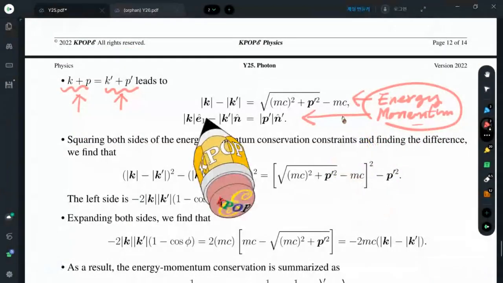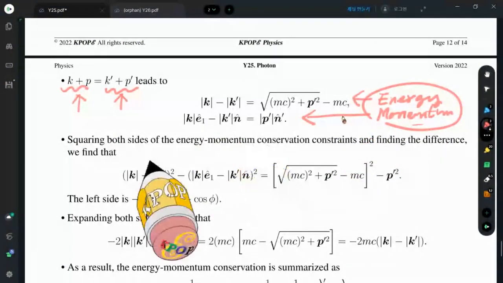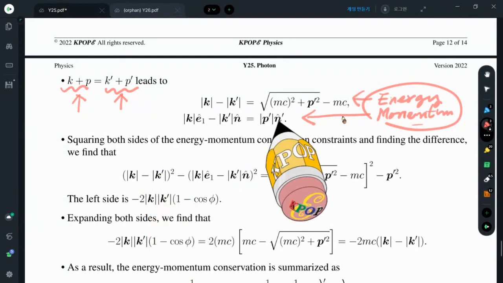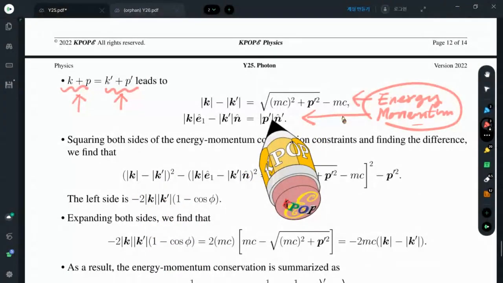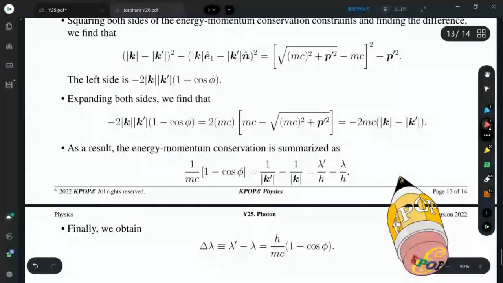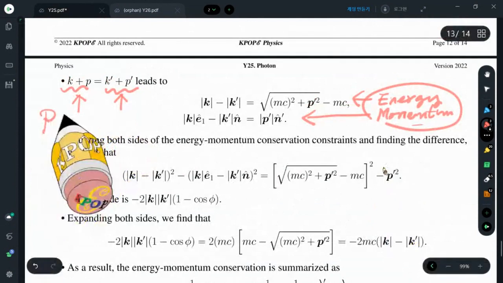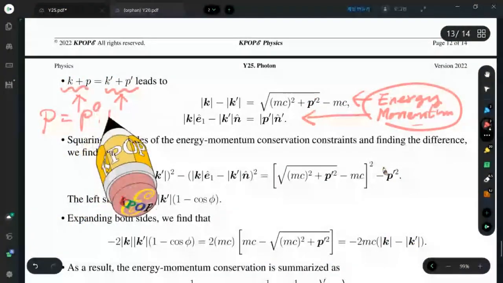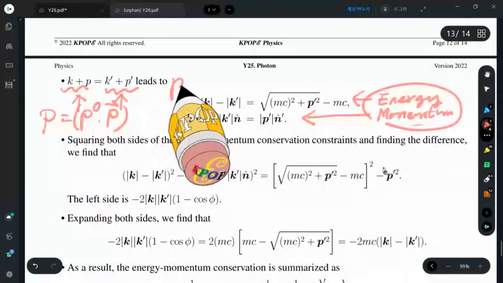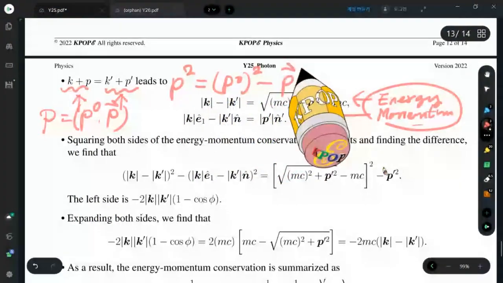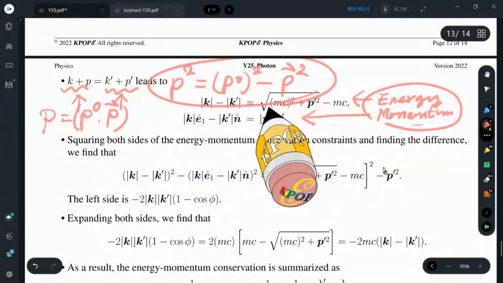We can simplify this relation by squaring this and subtracting the square of this. And if you square this, we know the four-momentum P has P0 and the spatial components, and this one is invariant under the Lorentz transformation.